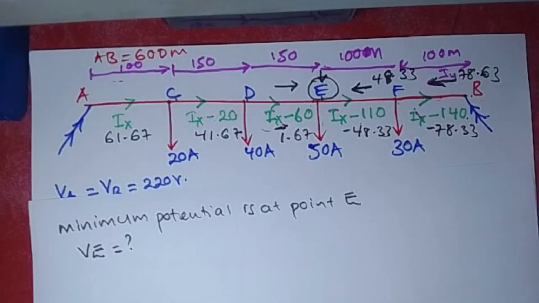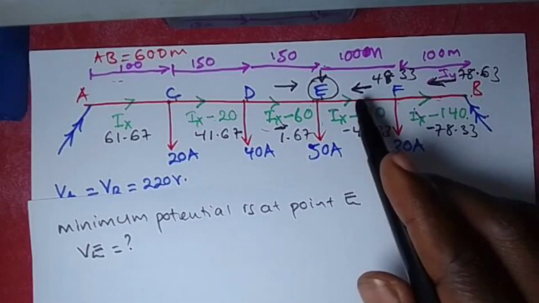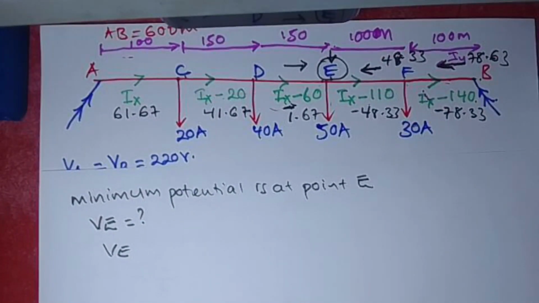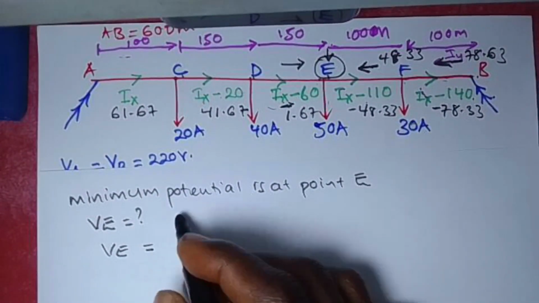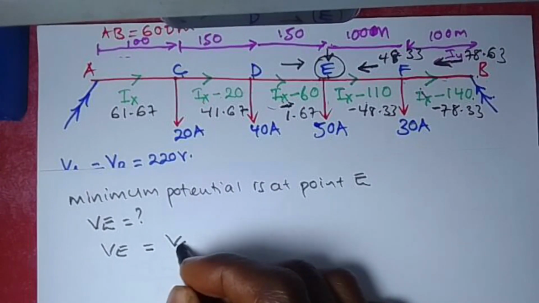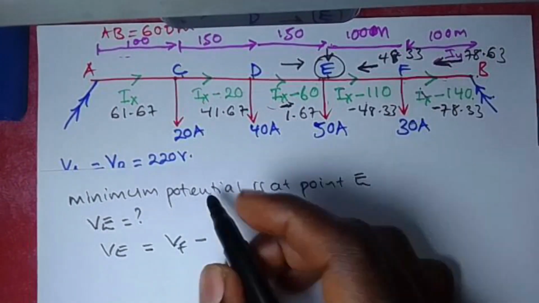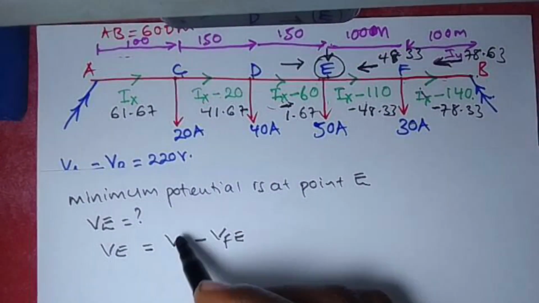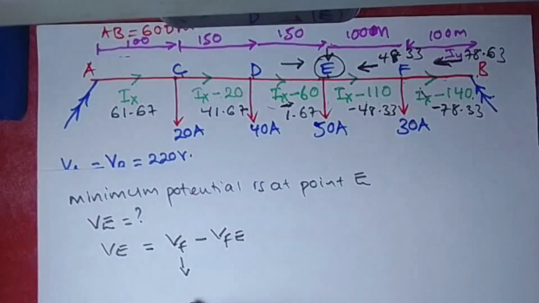So how do we find voltage at E? Looking at it from that angle, voltage at E is going to be equal to voltage at F minus voltage drop between F and E, okay? But we don't know voltage at F either.